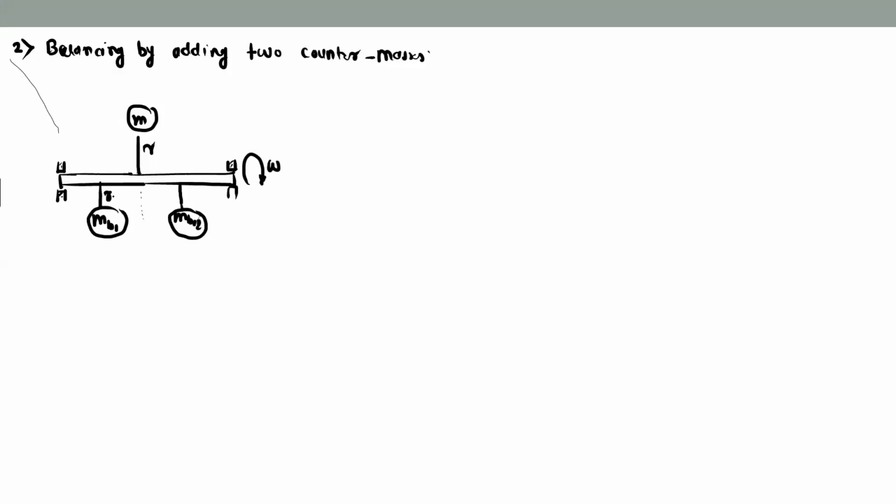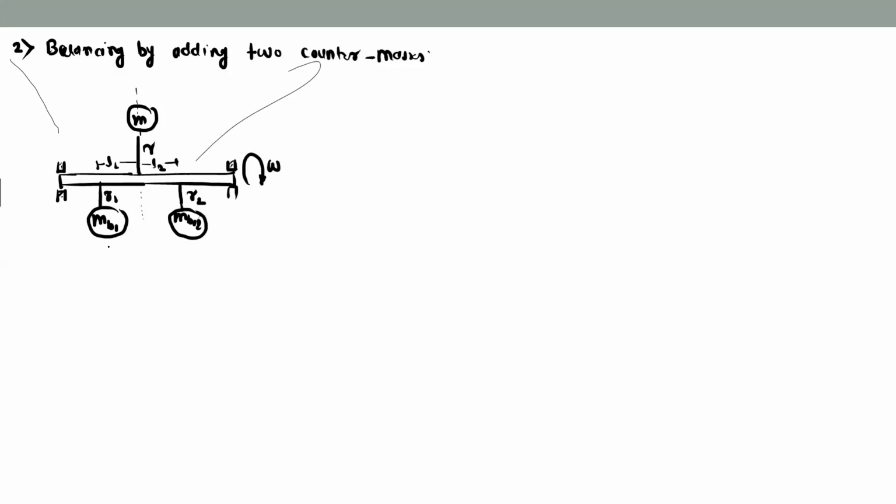So consider this radius as r1 and this radius as r2. And we have connected these two masses at distance l1 and distance l2 with respect to this unbalanced mass.